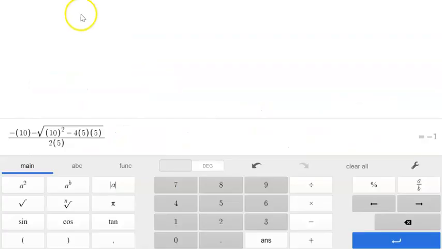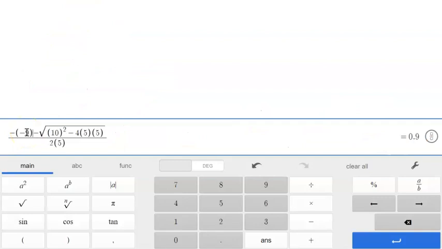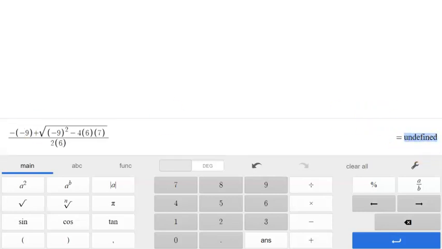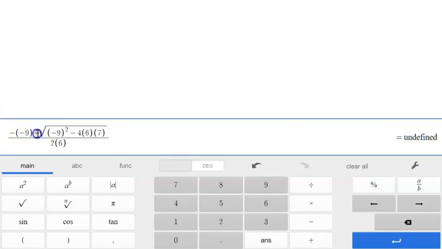All right, so now we just need to type that into our calculator. So we get -9 plus -9 squared minus 4 times 6 times 7 over 2 times 6. And so now you can see we get undefined. And that will be the same for both the plus in the middle, and if I change that to a minus, we'll get undefined.